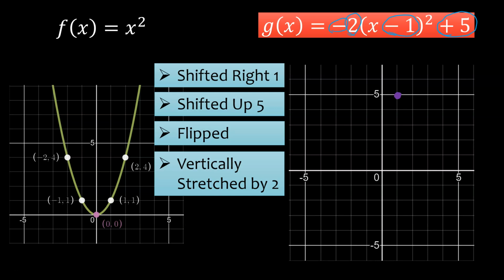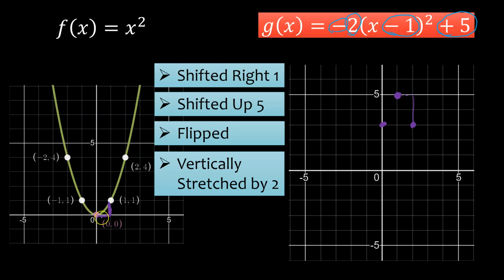So instead of going right 1, up 1, I am going to go down, and I'm going to vertically stretch also. So instead of right 1, up 1, I'm going to go right 1, but down 2. So here's my new point, and we know that x squared has symmetry, so the other point is on the other side, left 1, down 2.